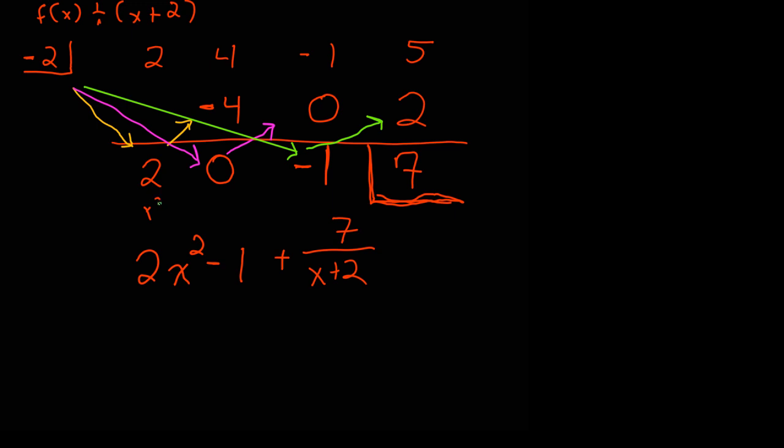So this is the x squared term, this is the x term, and this is the constant. We get a power 1 less than what we started with, and so it divides down.